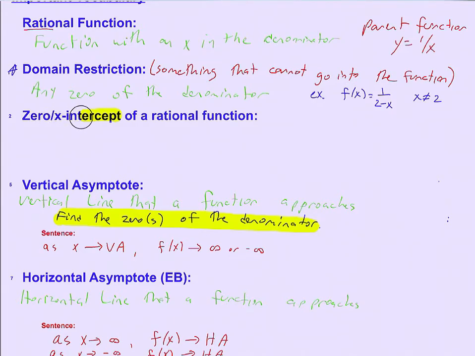The only thing is, for this unit, if I want to find the X-intercept, which remember is another way of saying the zero of a rational function, all I need to know is the X-intercept, or the zero, of the numerator.